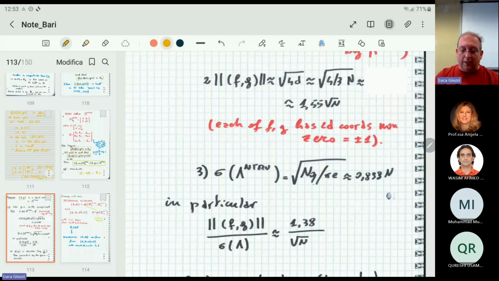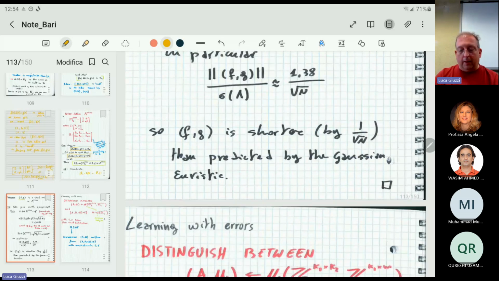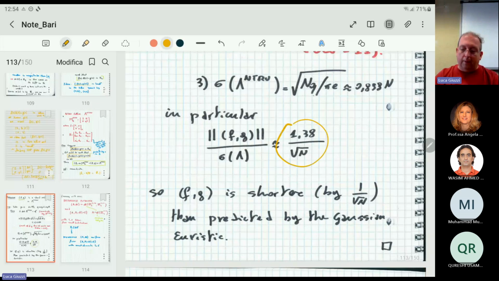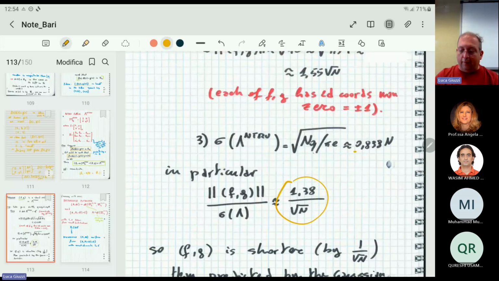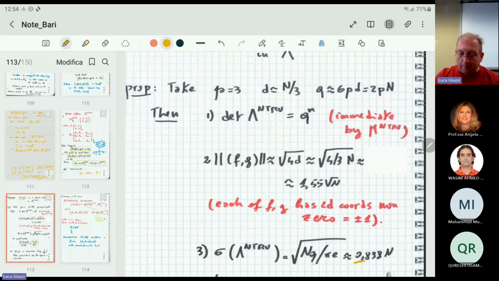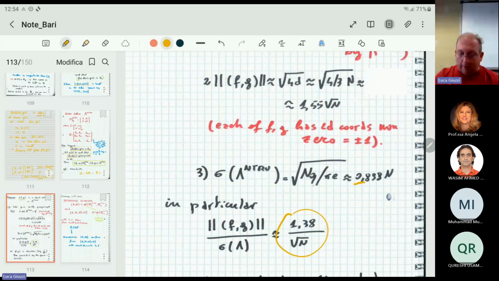We basically have to do some estimates on the norms, on the volume of the lattice, and on the norms which are involved. In general, for lattices, a short vector is expected to have this length here, more or less.